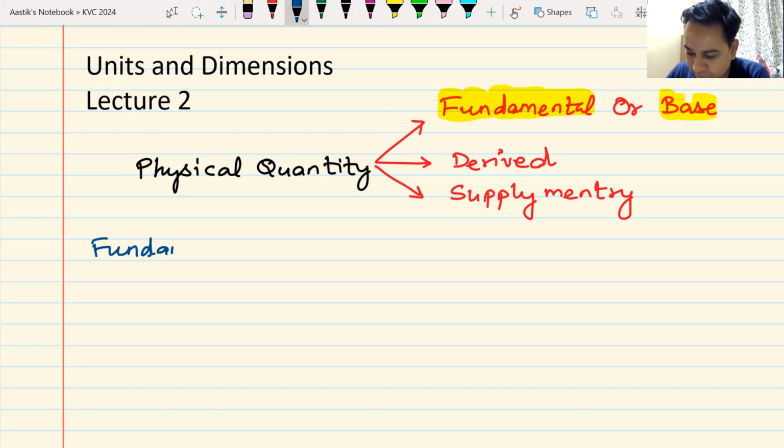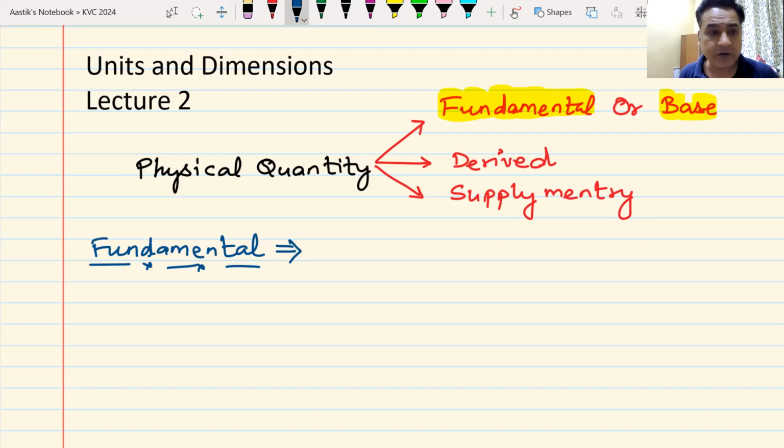When do we call a physical quantity a fundamental physical quantity? Example has been given, length, mass, time. There are more examples. Anyone knows what is a fundamental physical quantity? Please raise hand. No one knows. Okay, that's not a problem.